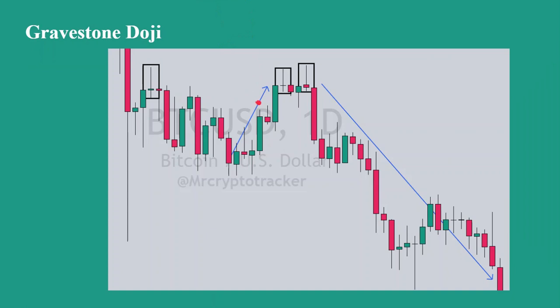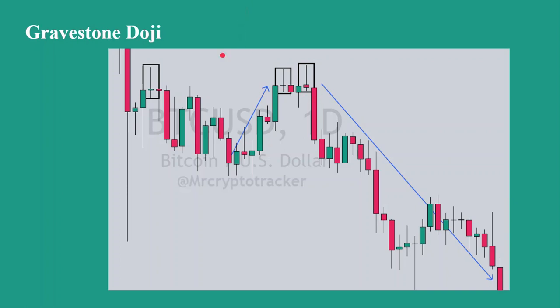Look at this chart about the last point I just mentioned. Here we had a Gravestone doji, almost like a Gravestone, but not a perfect one. You can see the next candles went to the higher price of the high of this candle. But again, we have another Gravestone-like doji, and the next candle confirms this doji.